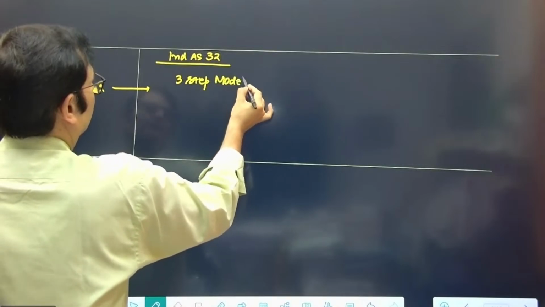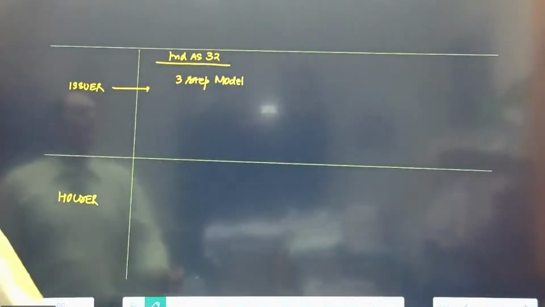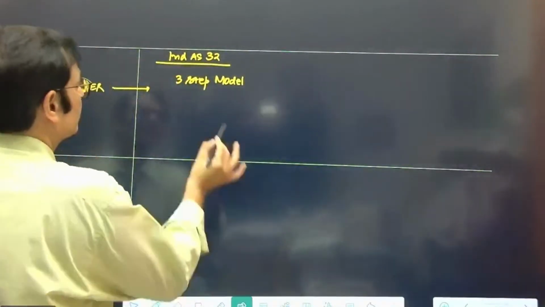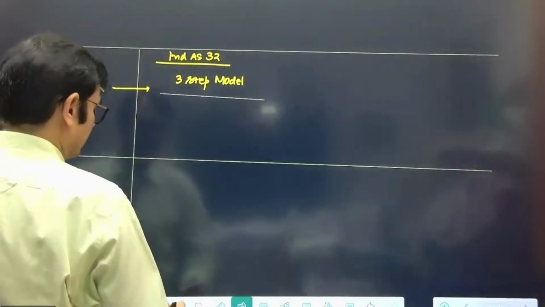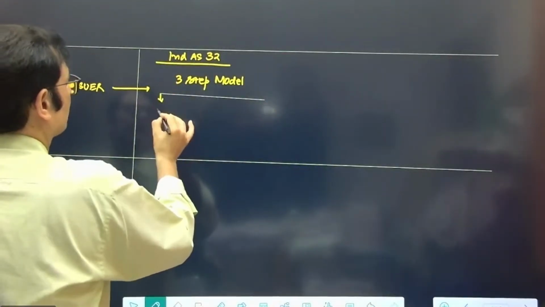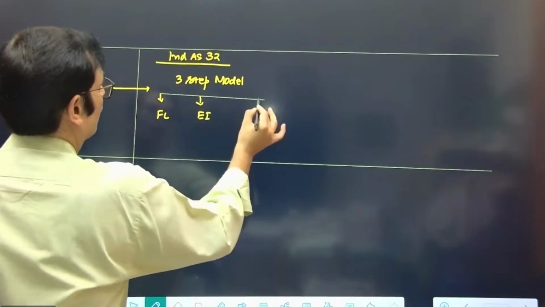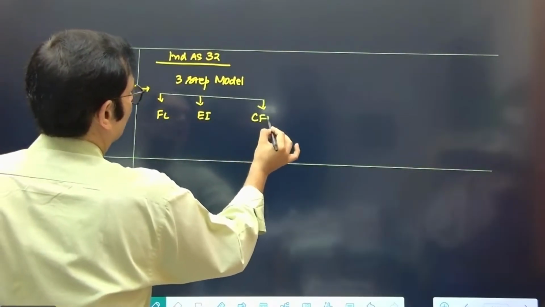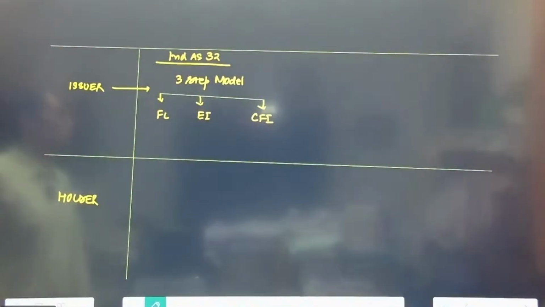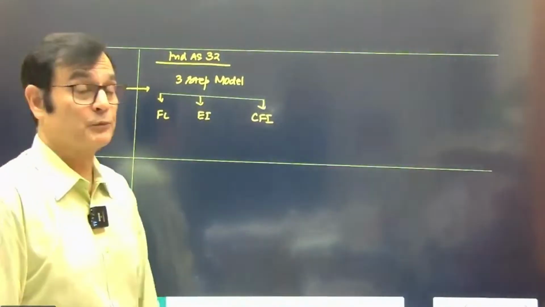With the help of the three-step model, you are able to decide whether the instrument is supposed to be a financial liability, an equity instrument, or a compound financial instrument. This is what we learned in terms of Ind AS 32.